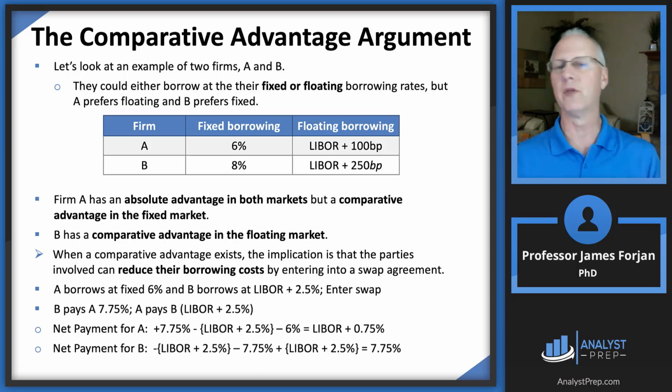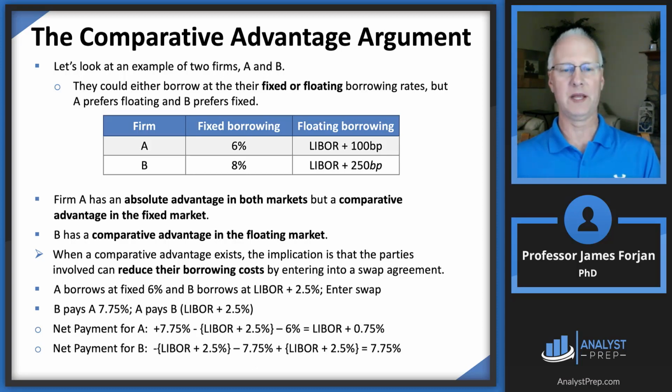Remember, economists for both of these firms, they're never going to agree with each other. All right, so what do we have here? We have A borrowing at 6, B borrowing at LIBOR plus 2.5, then they're going to enter a swap. What's going to happen is that B is going to pay A 7.75%, and A is going to pay B the LIBOR plus the 2.5%.